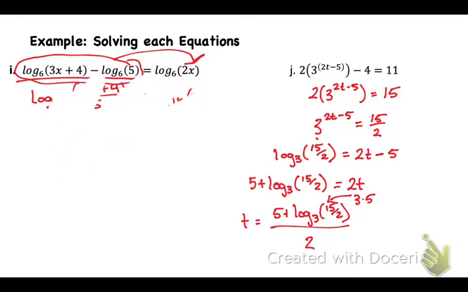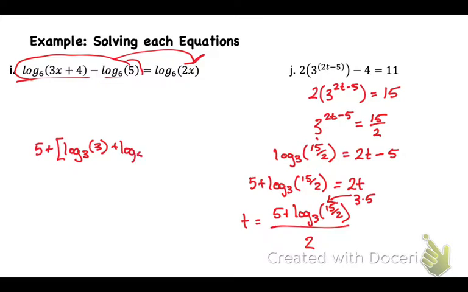Well, we got that 3 in there. So we have 5 plus log base 3 of 3 plus log base 3 of 5 minus log base 3 of 2.